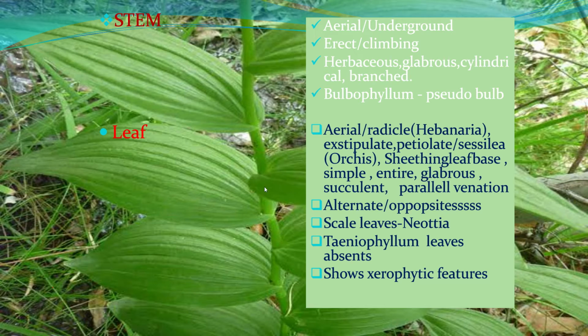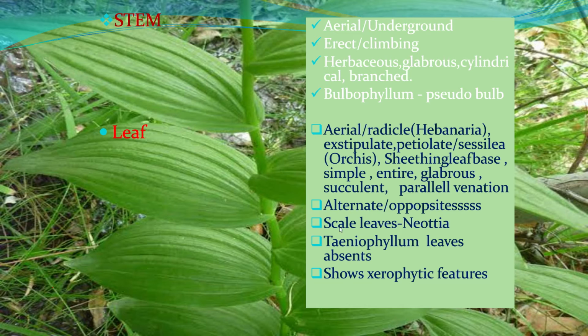Leaves are opposite, distichous or opposite. In some species, the leaves are modified into scales, for example Neottia. You know very well Neottia is a saprophytic plant. It absorbs food material from dead and decaying organic substratum, so it doesn't need leaves for photosynthesis.